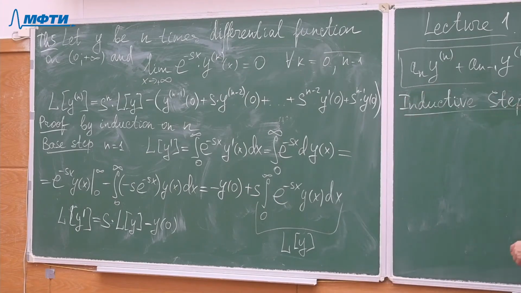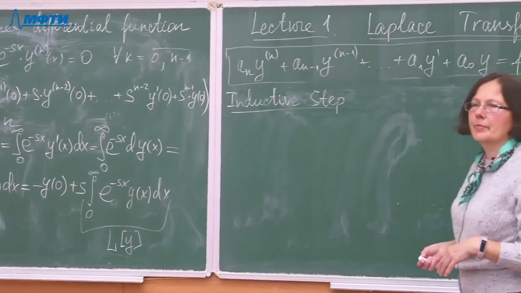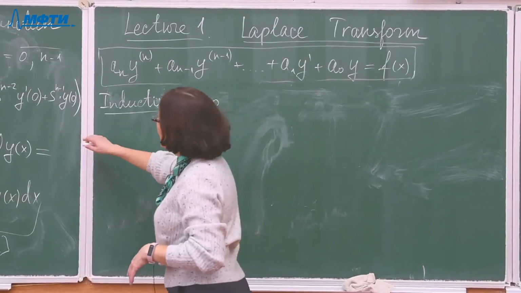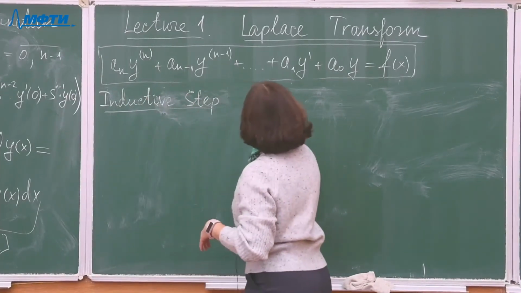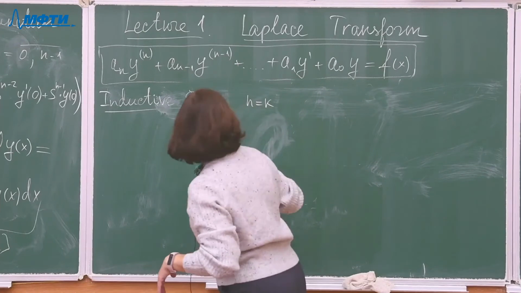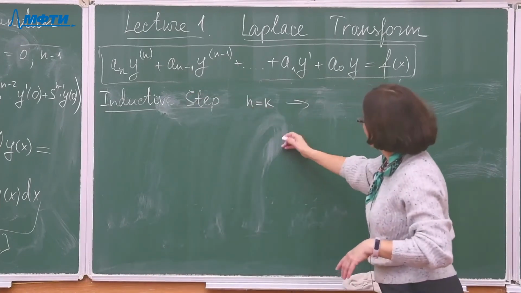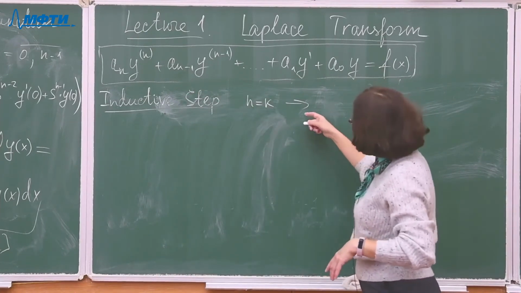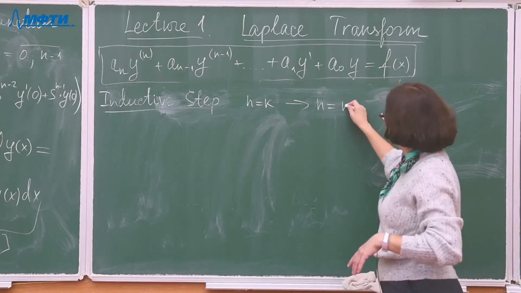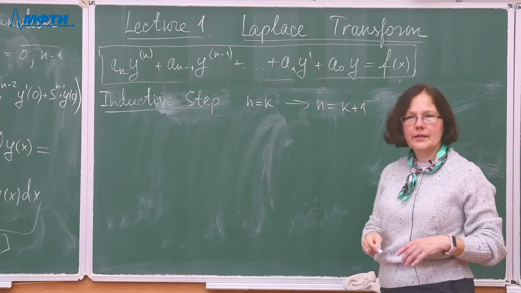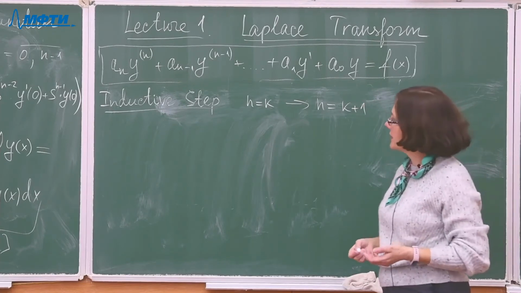By the inductive step, we assume that this formula is true for n equals k, and we will try to prove that if this is true, then the formula is true for n equals k plus 1. Right? So this is the inductive step.